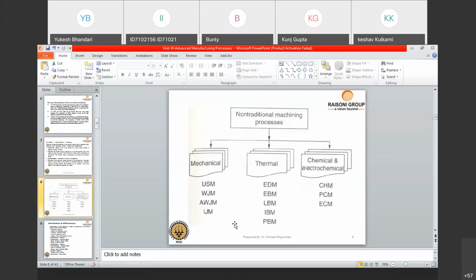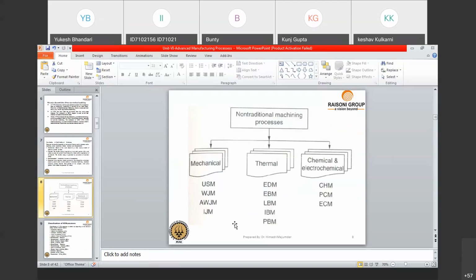So if you see mechanical energy sources, then there are different NTM processes like USM, ultrasonic machining, WJM, water jet machining, AWJM, abrasive water jet machining, and also AJM, abrasive jet machining.